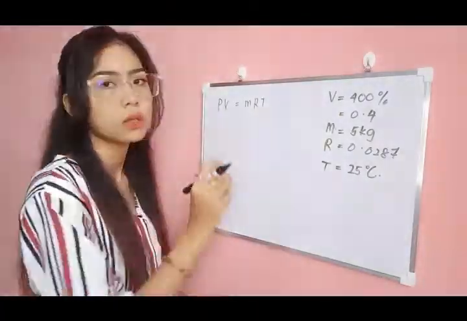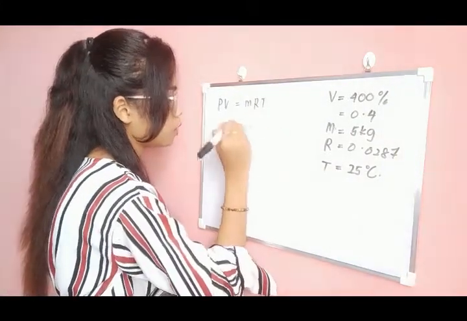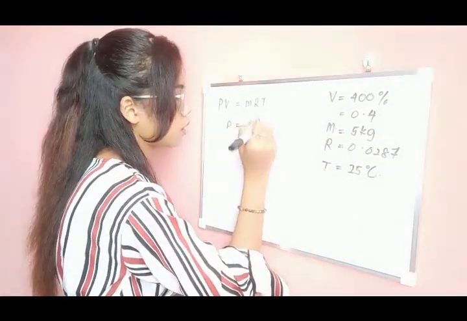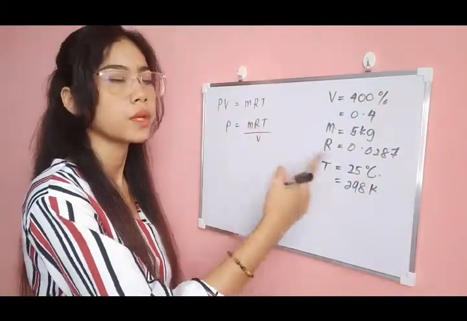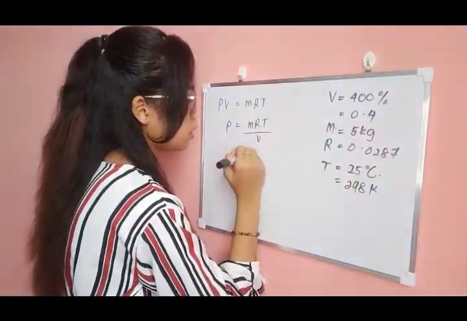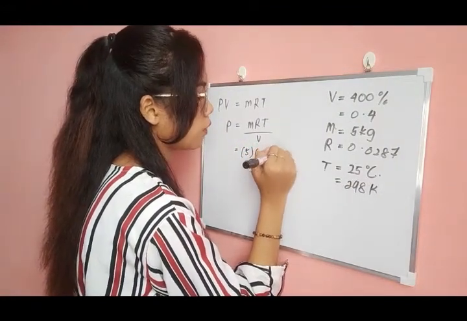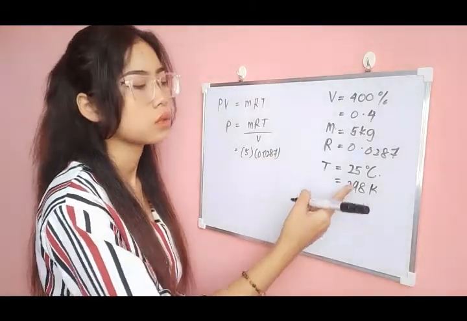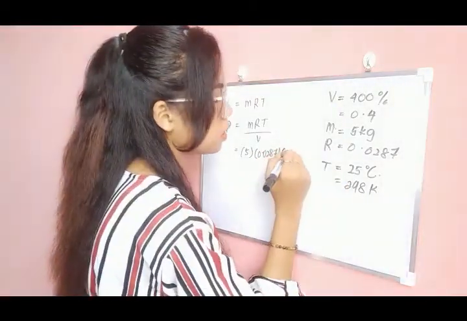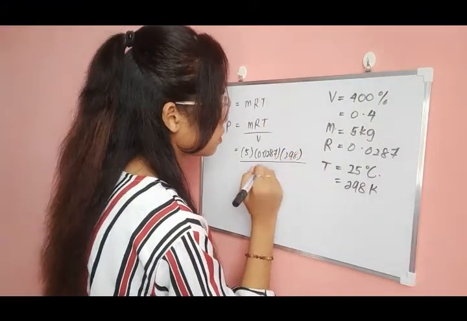From this information, we can find the pressure of the gauge by using the ideal gas formula, which is PV equals MRT. So P equals MRT over V. We're going to put the information into the equation. M is 5 kg, R equals 0.0287, and T we need to convert into Kelvin, which is 298 Kelvin, over 0.4.